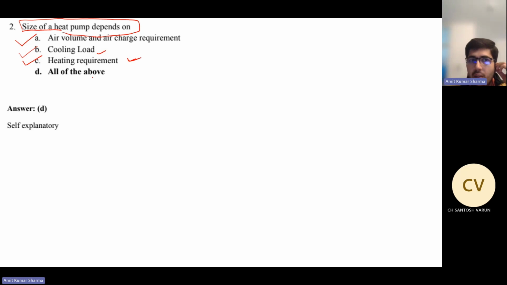The room is also big, so the air volume and air change requirement will also increase. So the size of heat pump depends on air volume and air change requirement, cooling load and heating requirement. These are self-explanatory. So the size of heat pump depends on all of the above. The correct answer is option D.